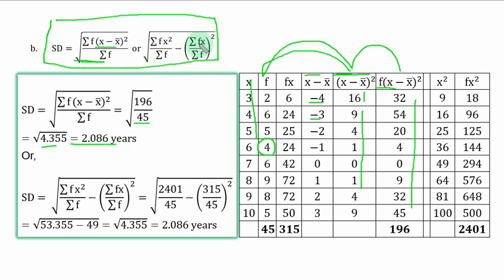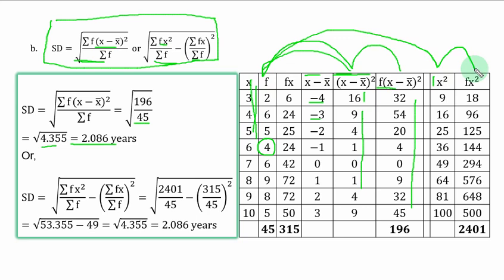By the second formula, summation fs over summation f is the mean. That is already 7. So here we just need to get s squared, multiply it by f. So going by this formula, what we need is additional 2 columns. You get s squared. So you square each value of s here. 3 squared is 9, 4 squared 16, and so on. Then you multiply f by this column to get this column.